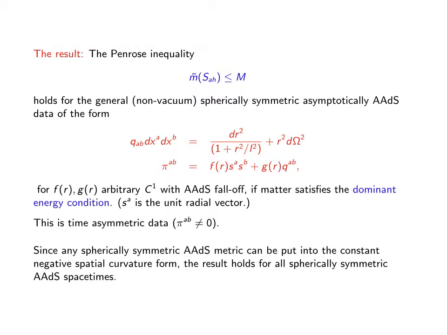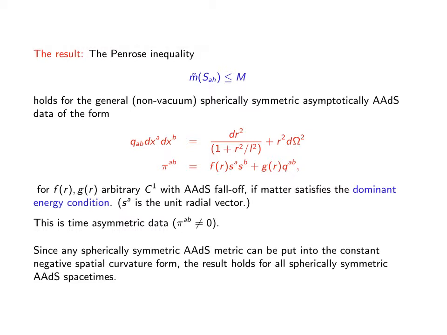Here f and g are arbitrary functions that need to have AdS fall off, and that happens if the matter distribution satisfies the dominant energy condition. Now, since any spherically symmetric asymptotically AdS metric can be put into constant negative spatial curvature form, this result holds for all spherically symmetric asymptotically anti-de Sitter spacetimes.